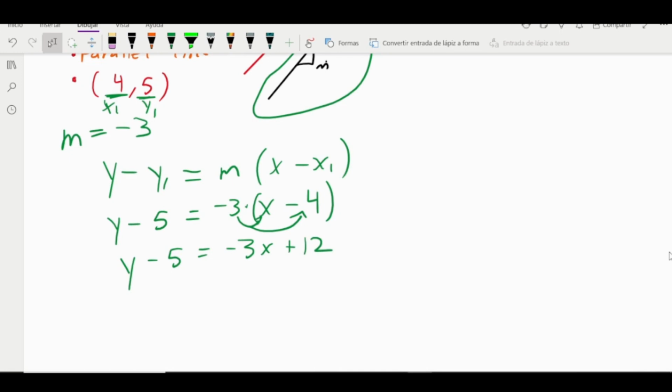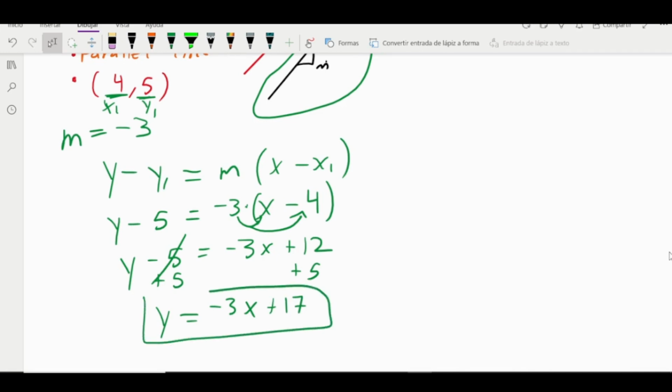Now we add plus 5 to cancel this. So y equals minus 3x plus 12 plus 5, which is positive 17.